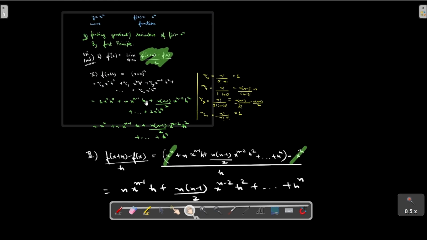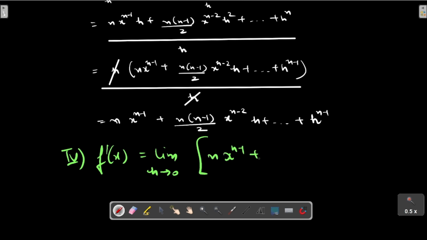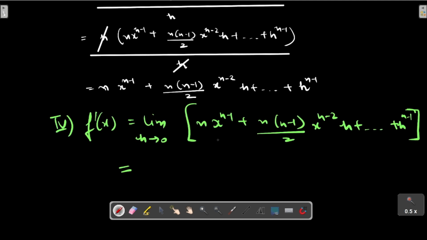Now what is left? We need to take the limit. So let's take the limit. That's the fourth step. So f dash will be the limit of h tends to 0 of n x to the power of n minus 1 plus n into n minus 1 over 2 x to the power of n minus 2 h, so on, plus h to the power of n minus 1. So in the place of h, let's plug in 0.